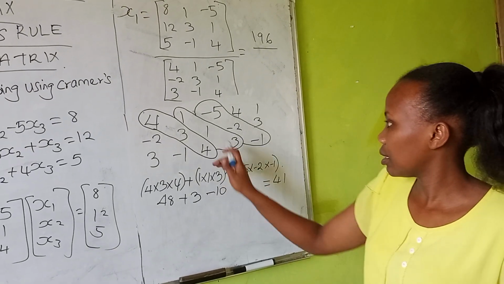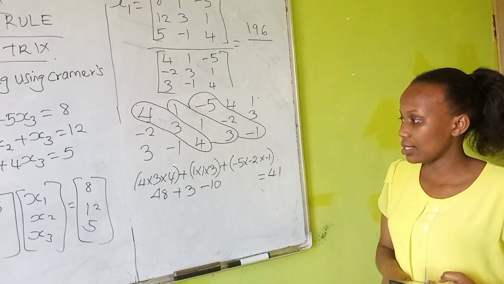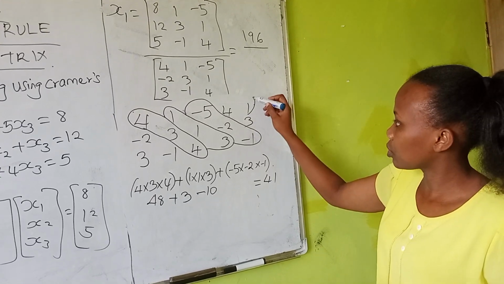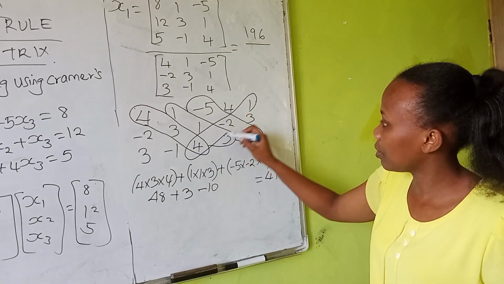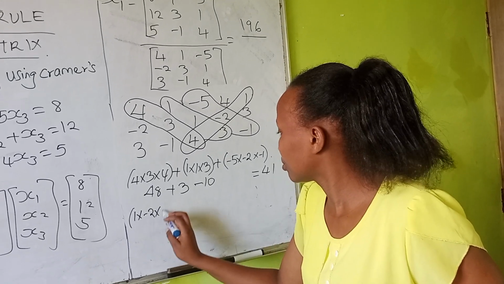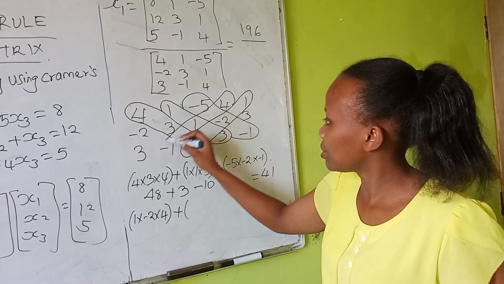So then you do the same, starting with the one that has 1. So it's going to be 1 times negative 2 times 4. You add with 4 times 1 times negative 1.